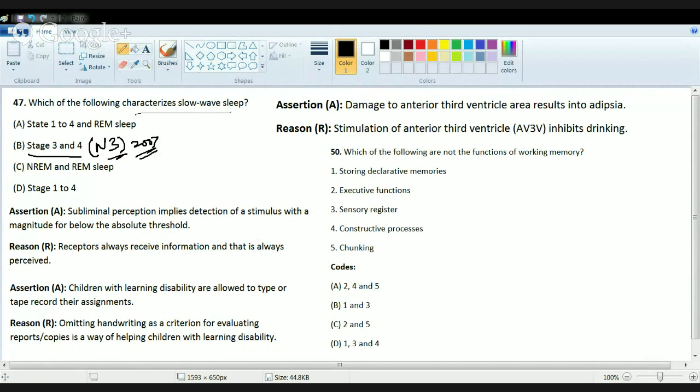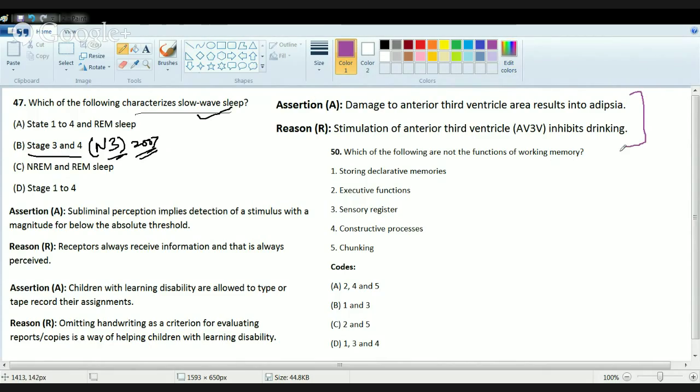Since this is the deepest phase of sleep, we can say they characterize slow waves, because the brain is less responsive to external things that are happening, and it is the hardest stage, when it is very difficult to awaken a person. So stage 3 and 4 characterize slow wave sleep. This is a direct question.